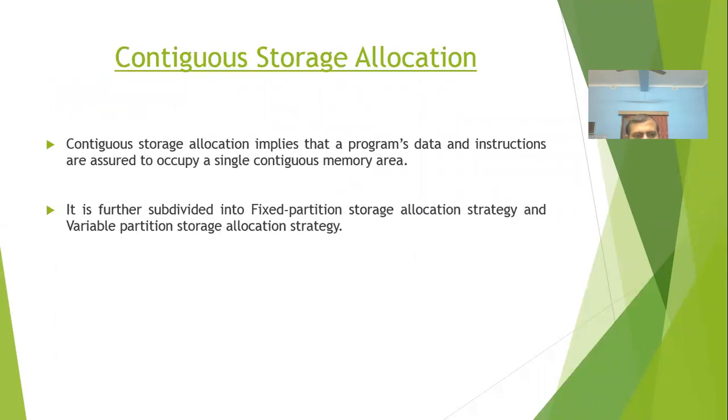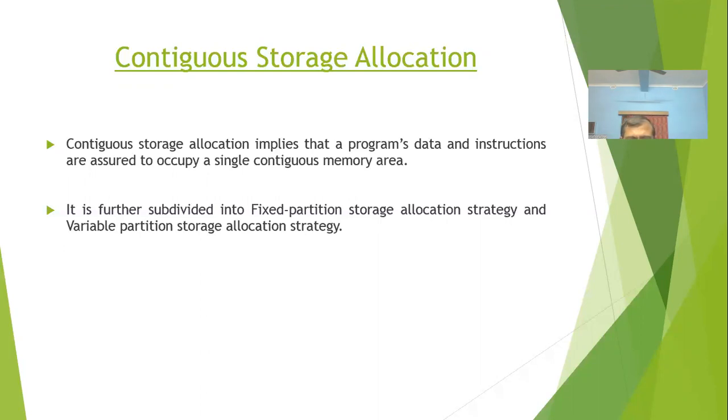As I told you, what is contiguous storage allocation? Contiguous storage allocation implies that a program's data and instructions are assured to occupy a single contiguous memory area. Contiguous memory area means continuous locations in the memory. And also contiguous storage allocation can be further divided into fixed partition storage allocation strategies and variable partition storage allocation strategies.